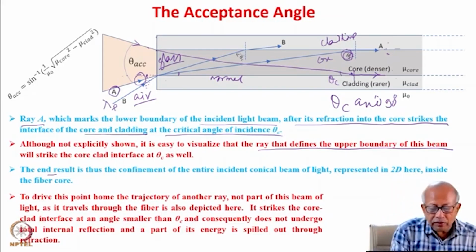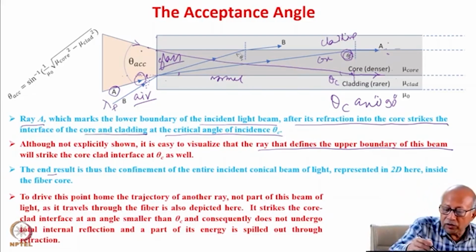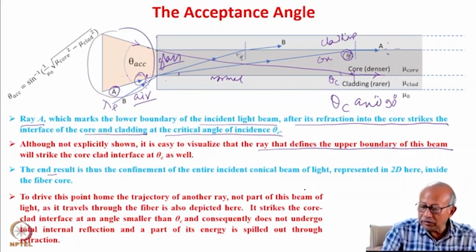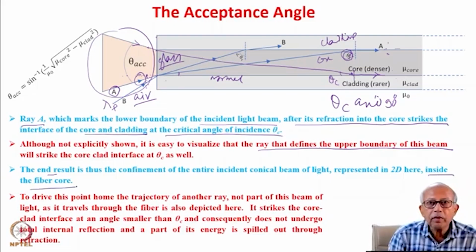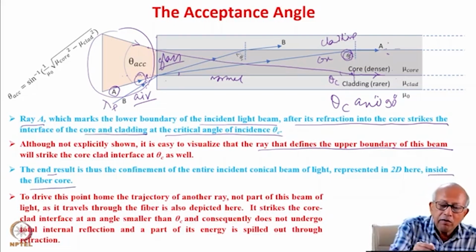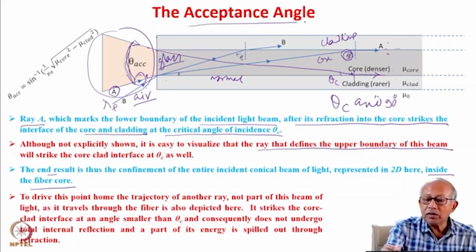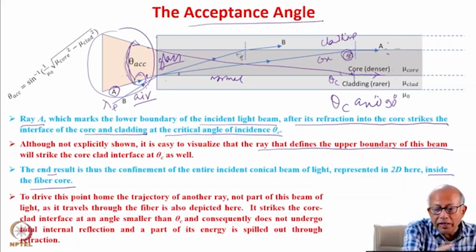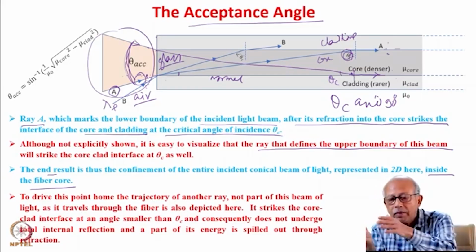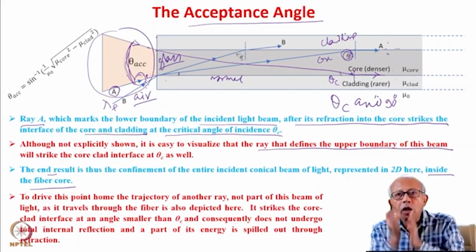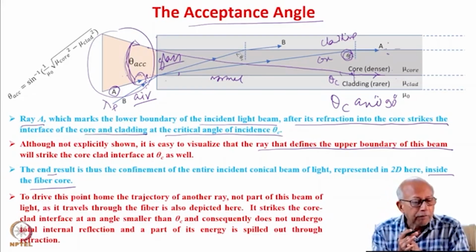Thus the end result is the confinement of this entire incident conical beam, represented here in 2 dimensions, inside the fiber core. The angle of this conical beam is actually the acceptance angle, because all the rays lying inside will be guided through this core without any spillage of energy through refraction.